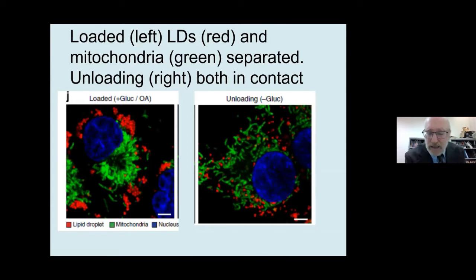And basically, by confining them onto the same sort of transport subnetwork, it's only a small subset of the microtubules. By confining both of them onto these same microtubules and moving them along, you can promote interactions between the lipid droplets and the mitochondria, and that allows this dramatic increase of fatty acids to be transferred to the mitochondria.